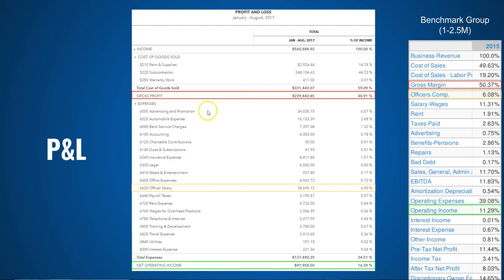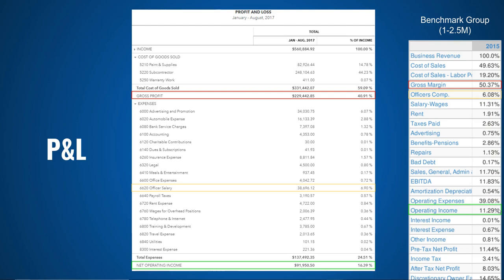There's a couple of other percentages we need to look at, which are officer salary and operating income here at the bottom. If we refer to the benchmark group here on the right, we have some benchmark percentages. So operating income and officer's compensation, we add the two together because they're both going to the business owner.